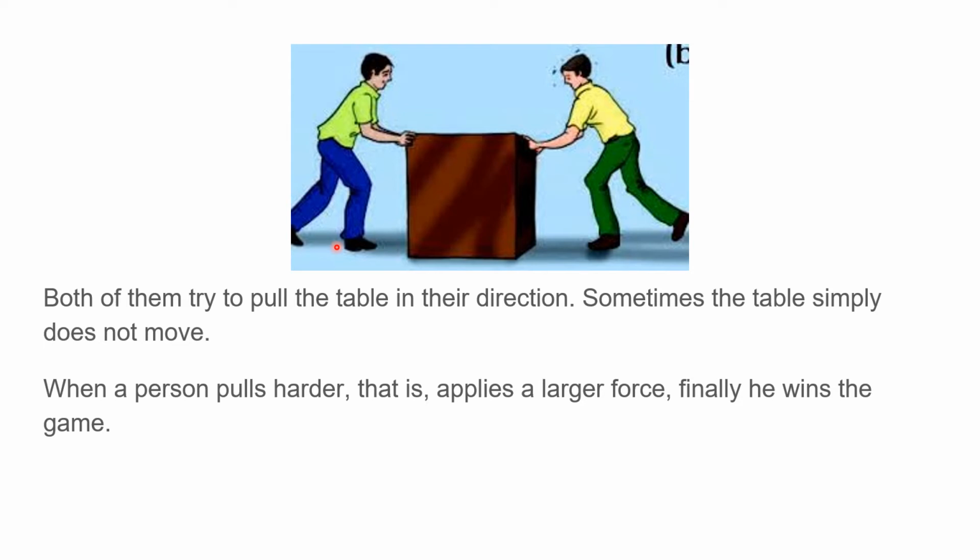But whereas if both of them are going to apply equal force, what will happen? The table will not move at all. It will remain in the same spot. And this gives us a hint that the table will move in the direction in which the net force acting on the table is going to be higher in amount or greater in amount.